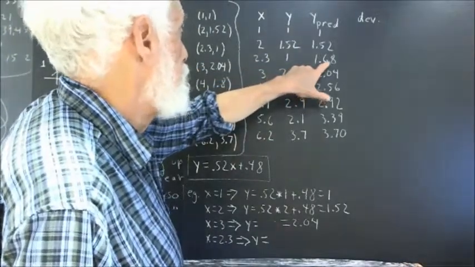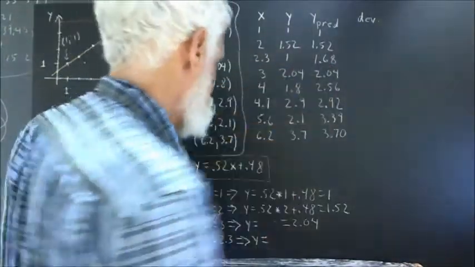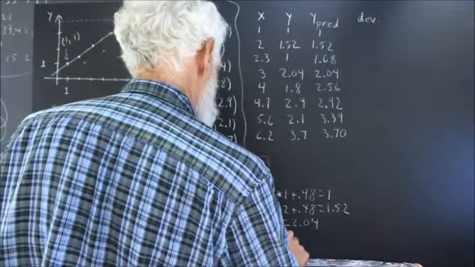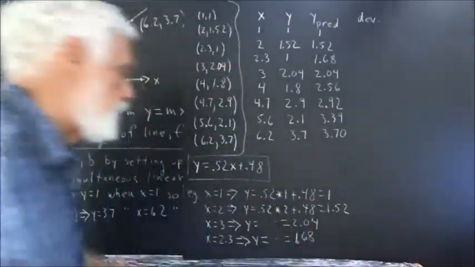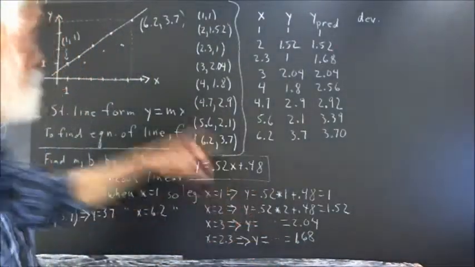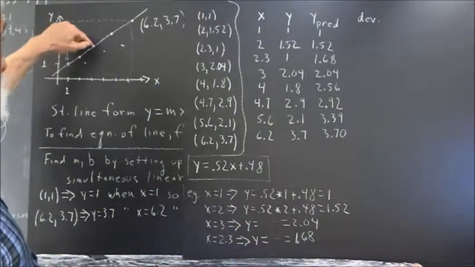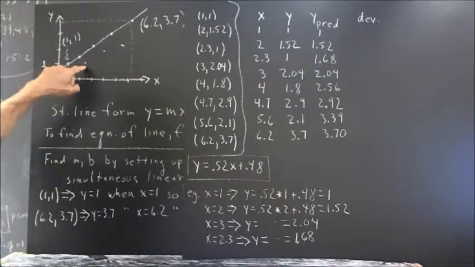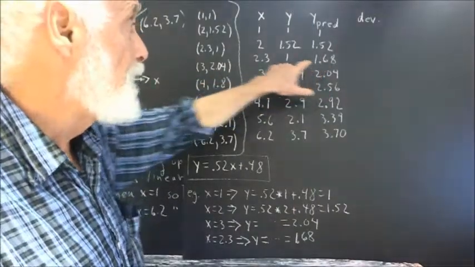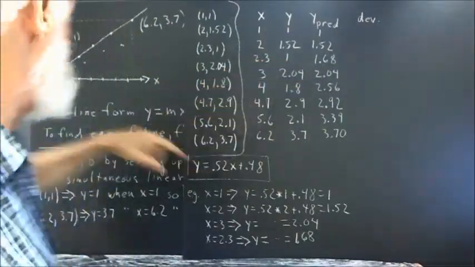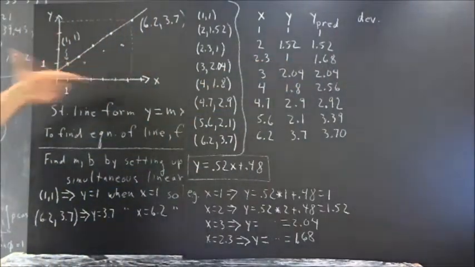You can verify, though, that I believe this is correct, that y equals 1.68. Now for this point, unlike these three, which all appear to lie on the straight line, for this point, which doesn't lie on the straight line, our prediction is 1.68, and that does not agree with the y value on our graph, which I estimated to be 1.